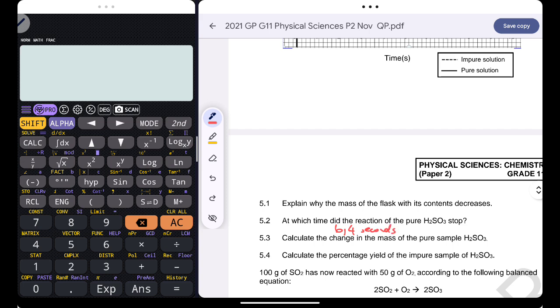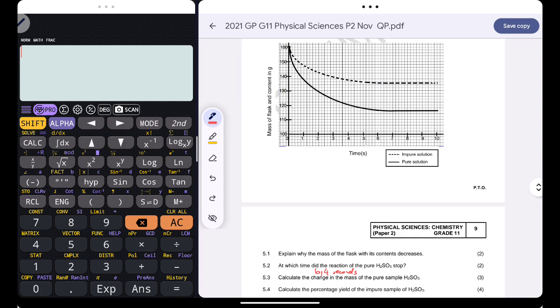And then 5.3, we are asked to calculate the change in mass of the pure sample. The change in mass is simply the mass final minus mass initial.